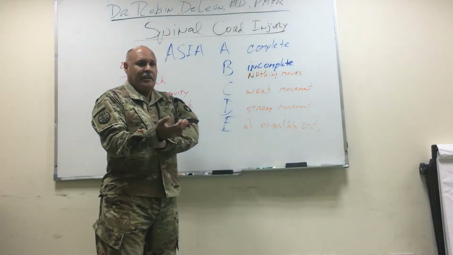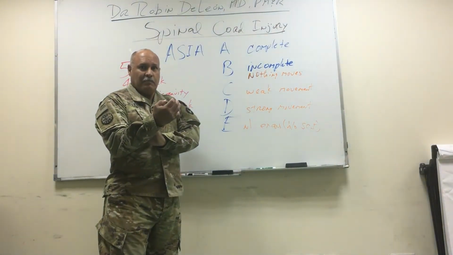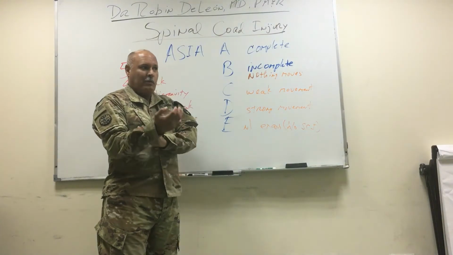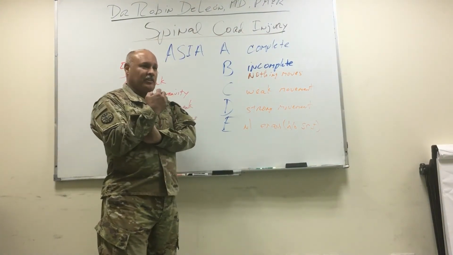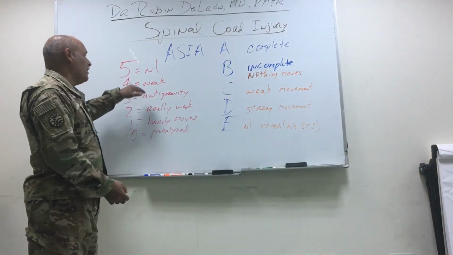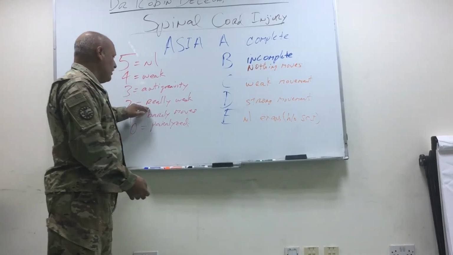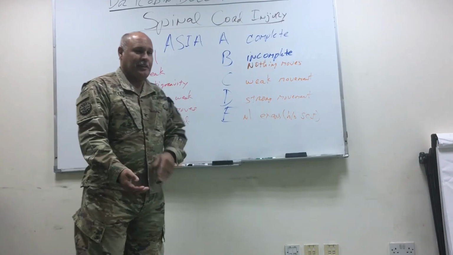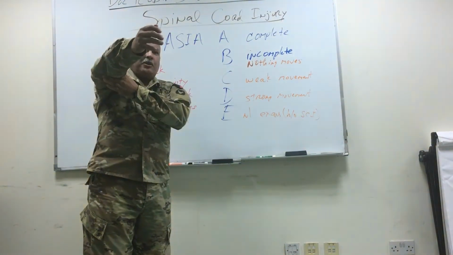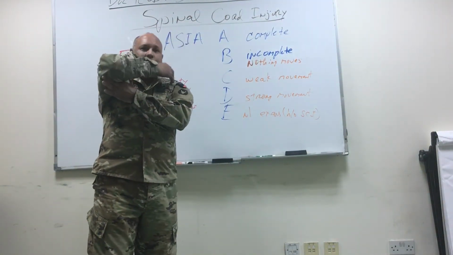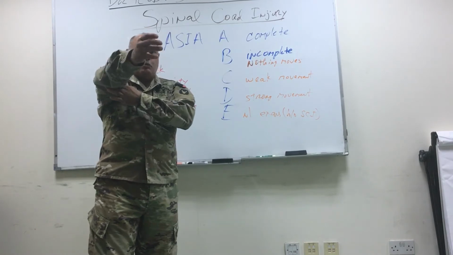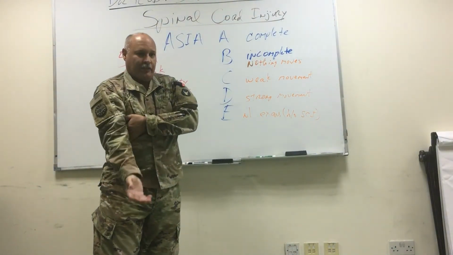I can move it, I can provide some resistance. You can clearly overpower me, but I can provide you some resistance to get that 4. It's not normal, but I'm stronger than anti-gravity. 2 technically means I take gravity out of the equation, and now I can bend it full range, but the moment I add gravity, I can't get it full range.